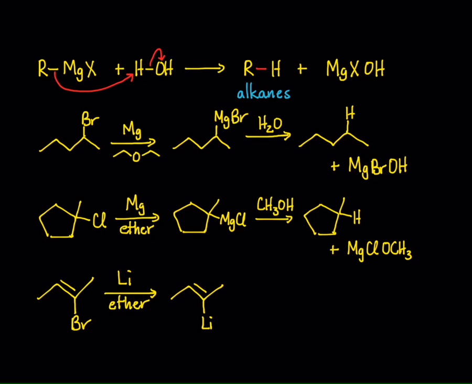I form my organolithium reagent, and now what I'm going to do is instead of reacting it with water, I'm going to react it with D2O. So this is called heavy water, deuterium oxide. So deuterium is an isotope of hydrogen that's heavy. It has a neutron in it. But the cool thing about deuterium is it behaves a little bit differently spectroscopically.